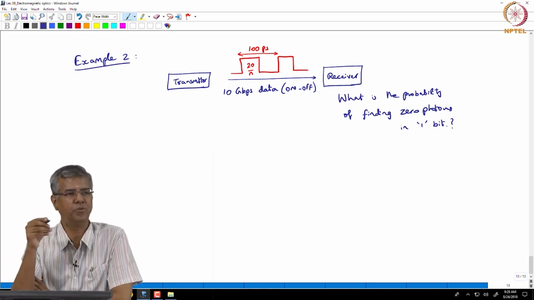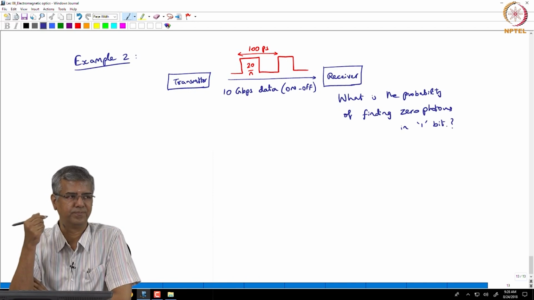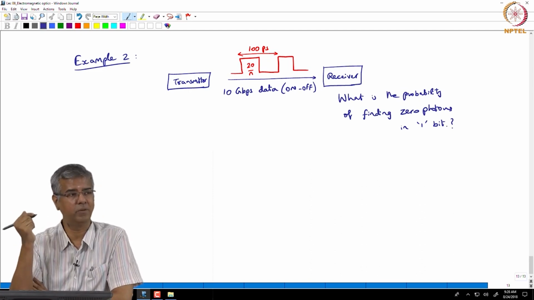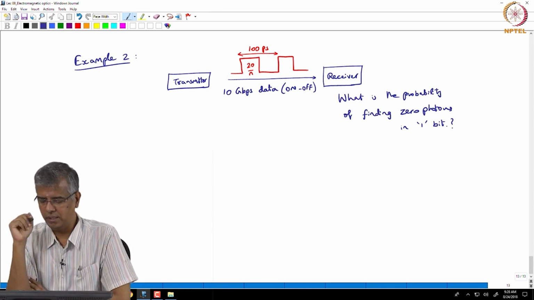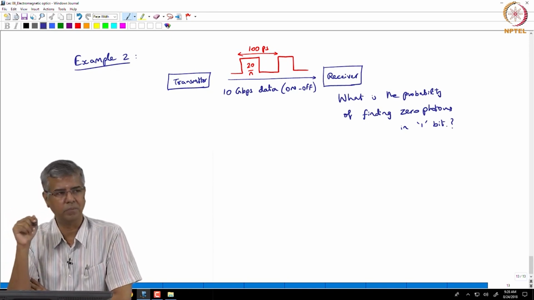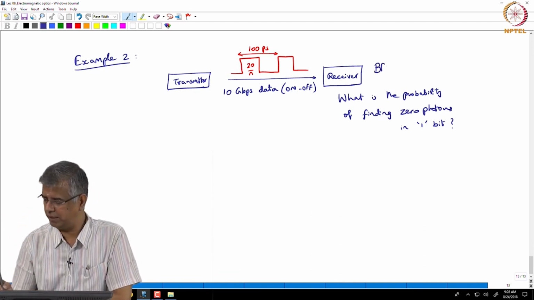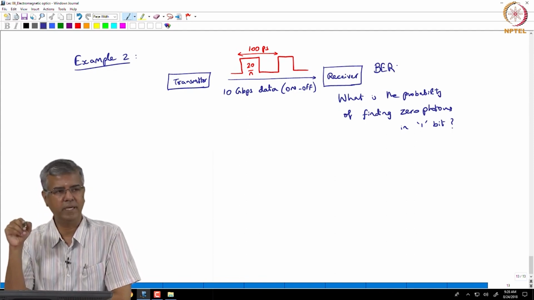Why are we interested in finding that? Well, obviously, if you detect only 0 photons in a 1 bit, then that corresponds to an error. The typical quantity by which you judge the performance of a digital communication system is this quantity called BER. BER is bit error rate.